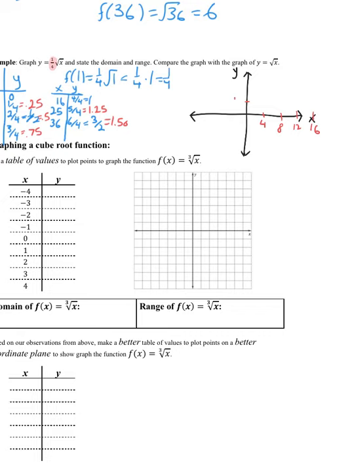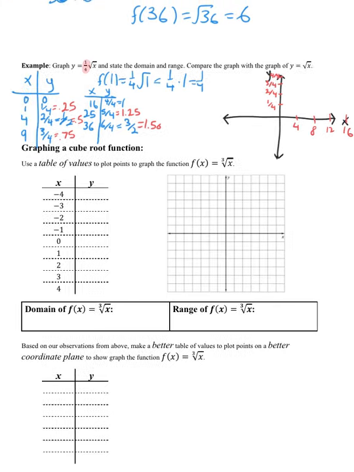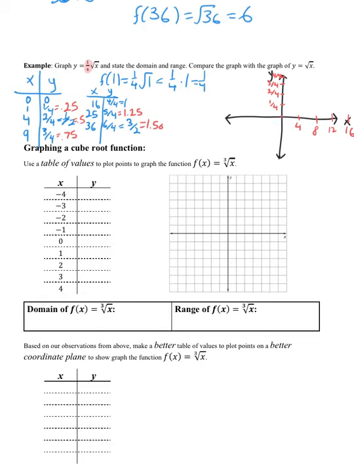And then we'll say 1/4, 2/4, 3/4, 4/4, and we can go ahead and plot our points. So 0, 0; 1, 1/4; 4, 1/2; 9, 3/4; and 16, 4/4. Looks something like that.